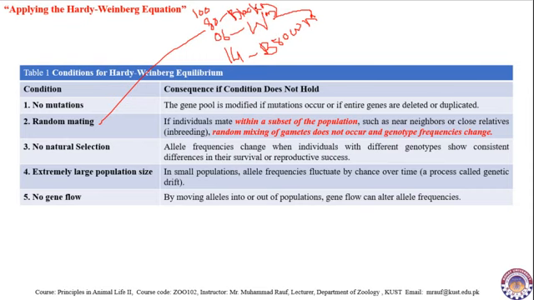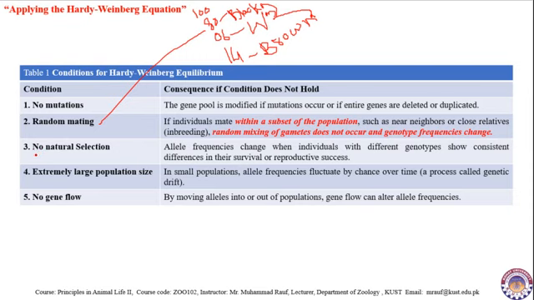But if this mating process is random, it is haphazard, then this particular frequency will remain the same through successive generations. Although the number of individuals may change, the frequencies will remain the same.